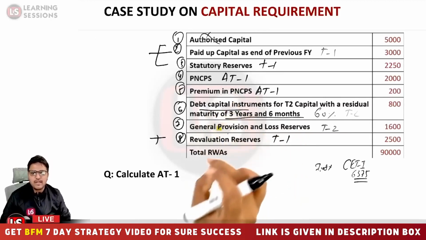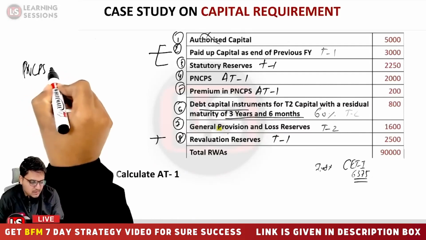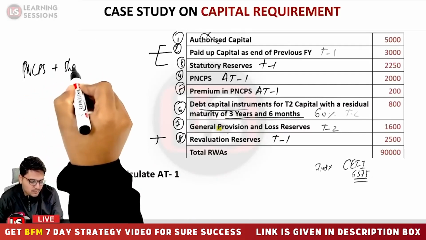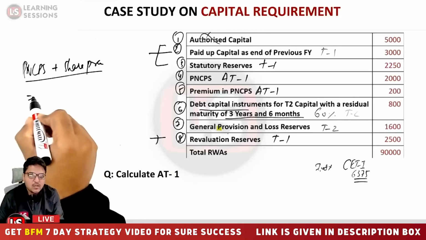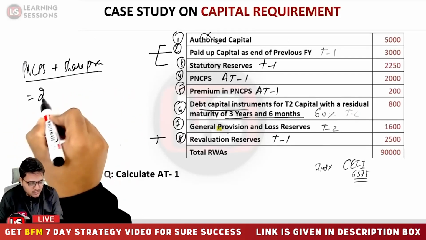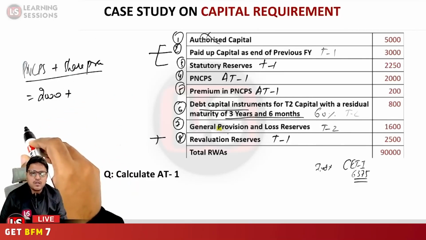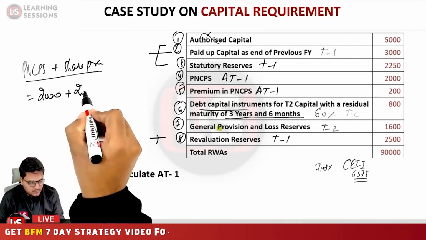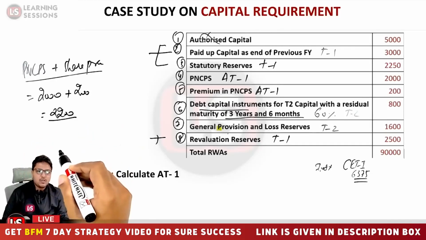These are two components related to additional tier 1 over here. So PNCPS is 2000, and further share premium for the PNCPS is 200. That is 2200. So additional tier 1 would be 2200.